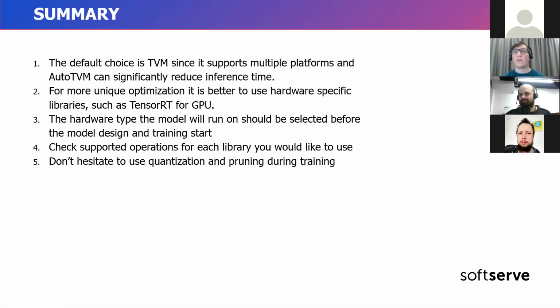And for better optimization for each platform you select, it's better to use libraries that were developed specifically for this hardware, like TensorRT for GPU or Intel MKL for CPU.